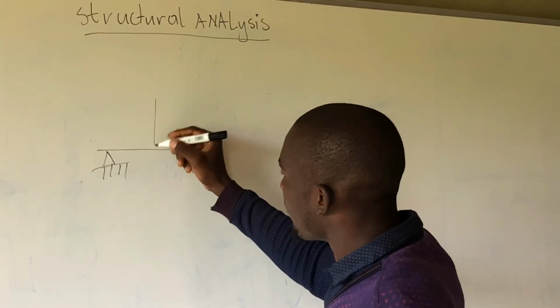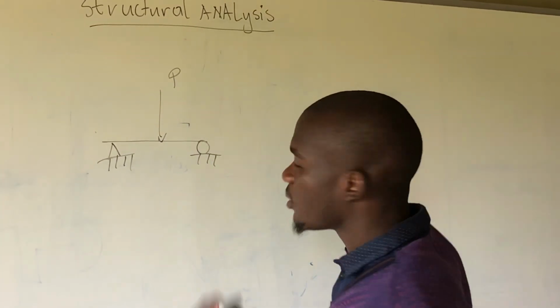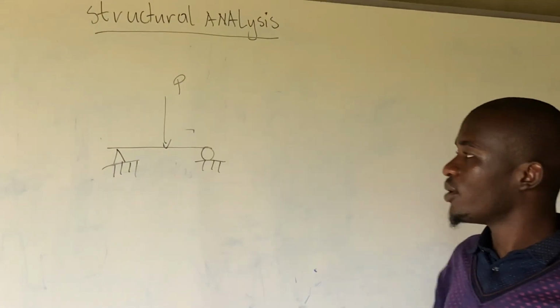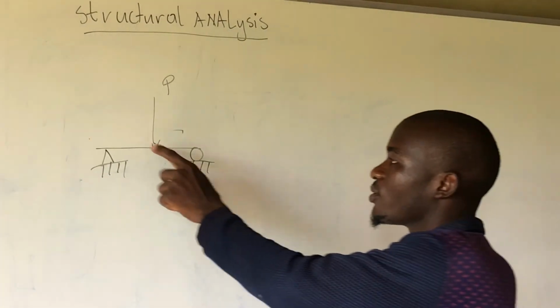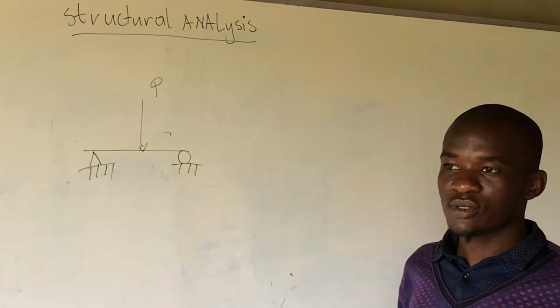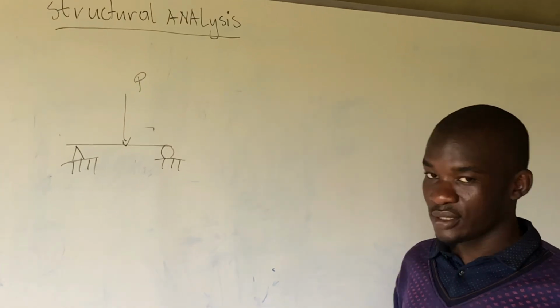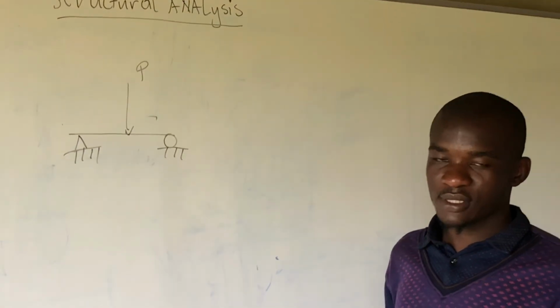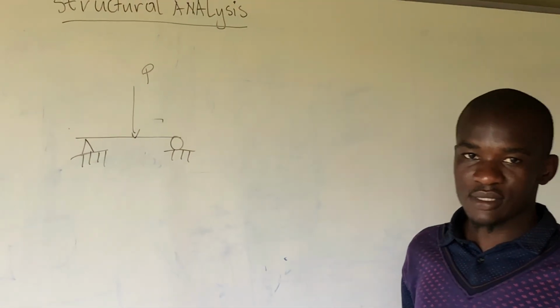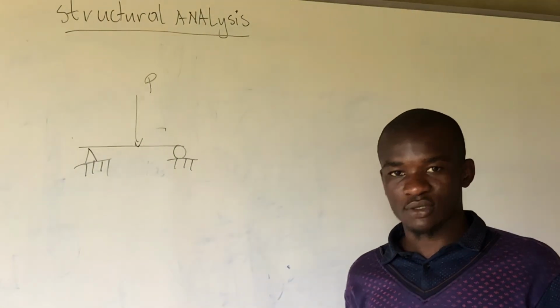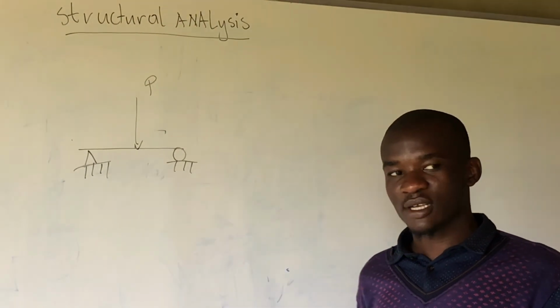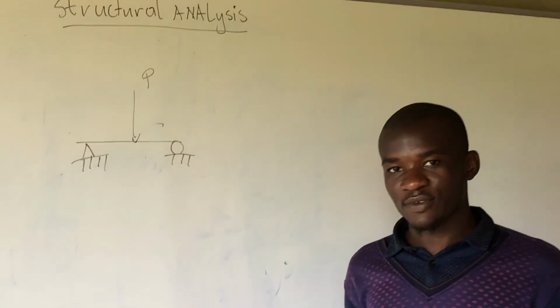On this beam, we apply a certain load P. The load that we are applying will cause a certain number of internal stresses in the beam itself. So we will have the bending moment as internal reaction of the beam. We will have the shear force and we also have the deflection.